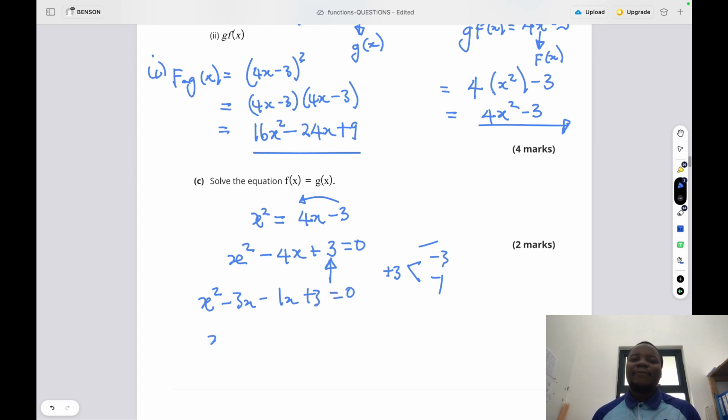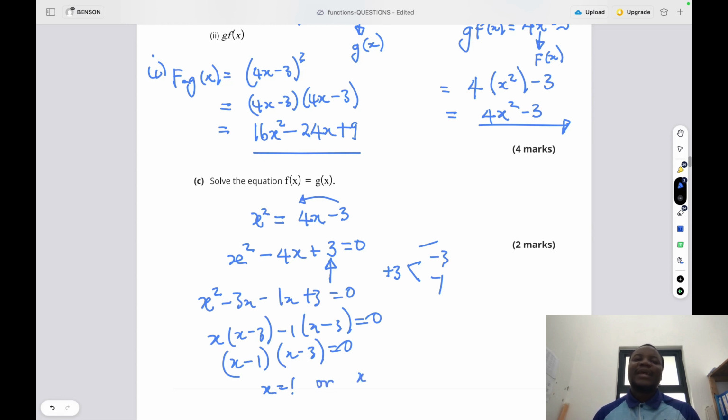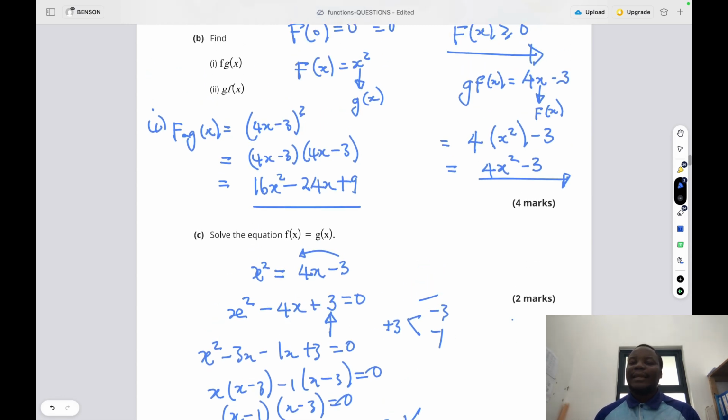And if we factorize this by grouping, we get x minus 3, then minus 1, x minus 3, which simply means x minus 1 in brackets and x minus 3 like that, which simply means x is equal to 1 or x is equal to 3. These are the solutions to the question. So thank you. You can see that functions are actually very nice.